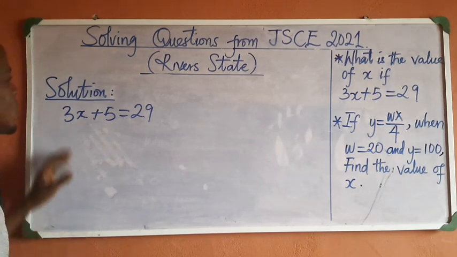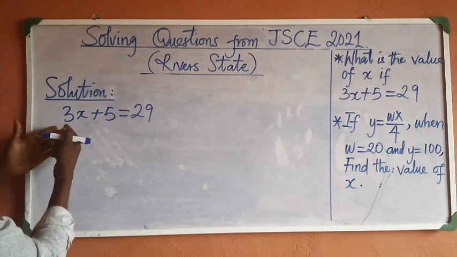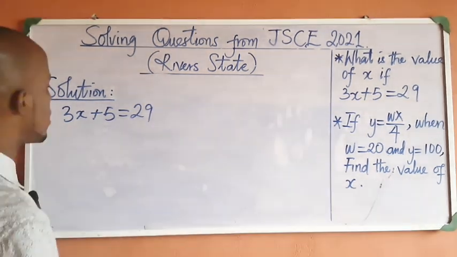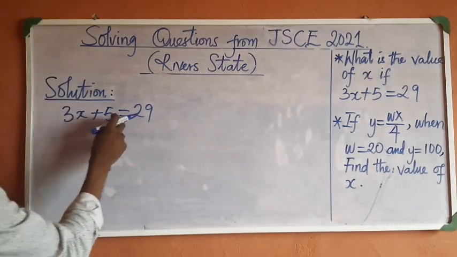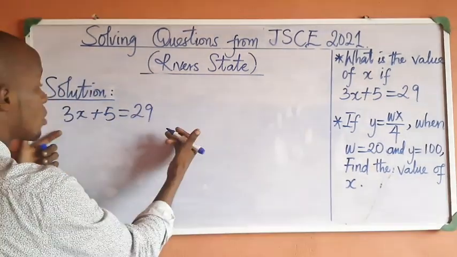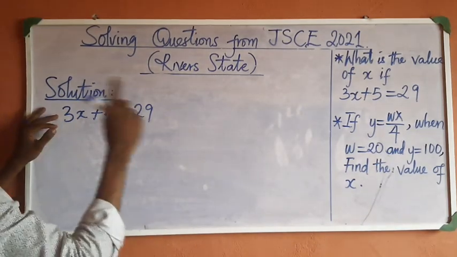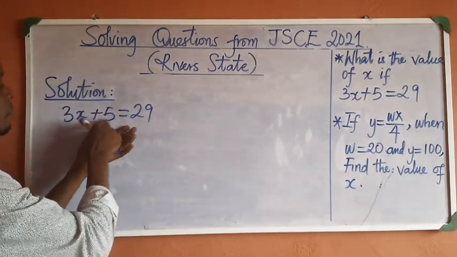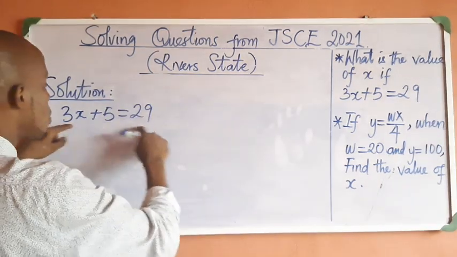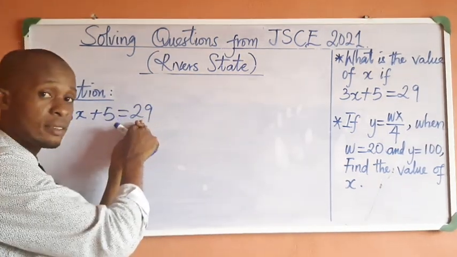What is the first thing that you're expected to do if you are faced with a problem like this in mathematics? We have 3x plus 5 equals 29. It's an equation and it has three terms. Term 1 is 3x, the second term is 5, and the third term in this equation is 29.